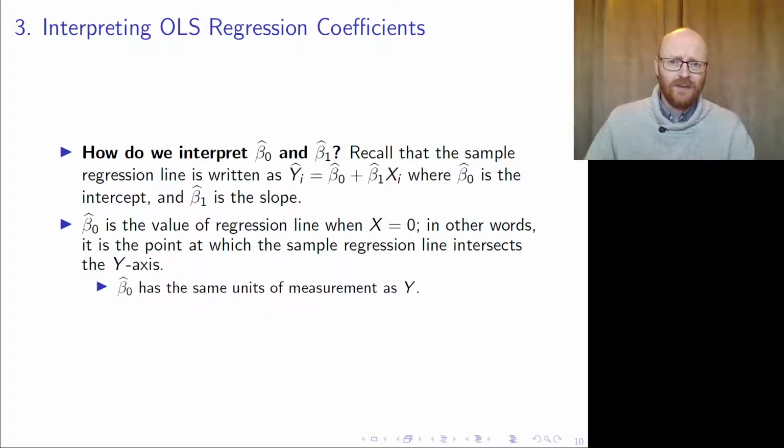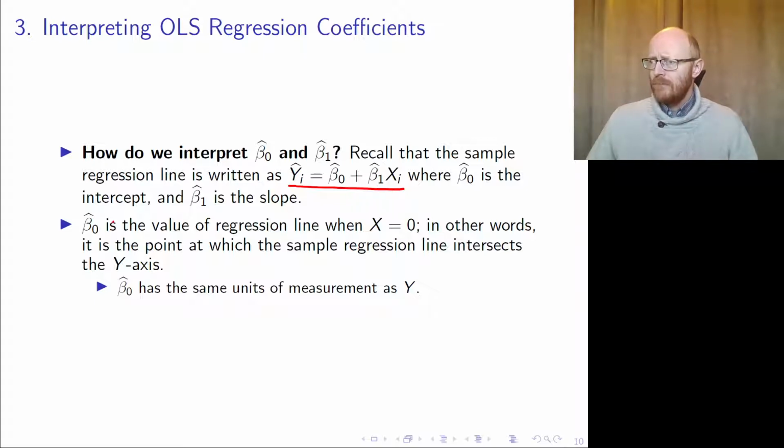Now that we have found the sample regression line, we have to look at what we can make out of the coefficients. So we have the fitted regression line here, and beta naught hat is the intercept, and beta 1 hat is the slope of the regression line.